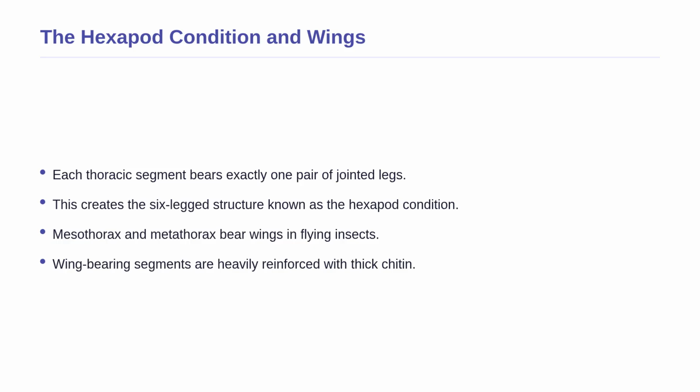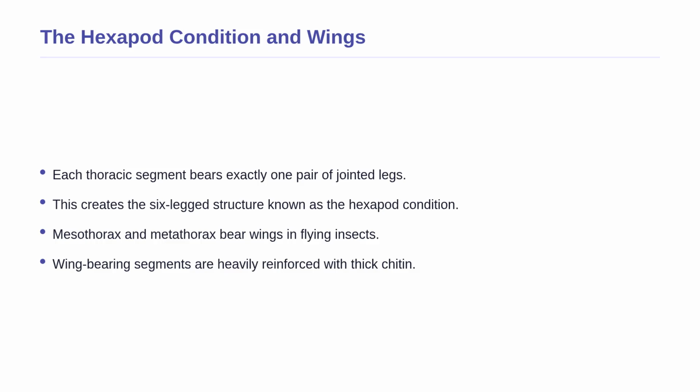Building on those three segments, we arrive at a defining feature of all insects. Each of the three thoracic segments bears exactly one pair of jointed legs. This gives insects their characteristic 6 legs, which biologists call the hexapod condition.